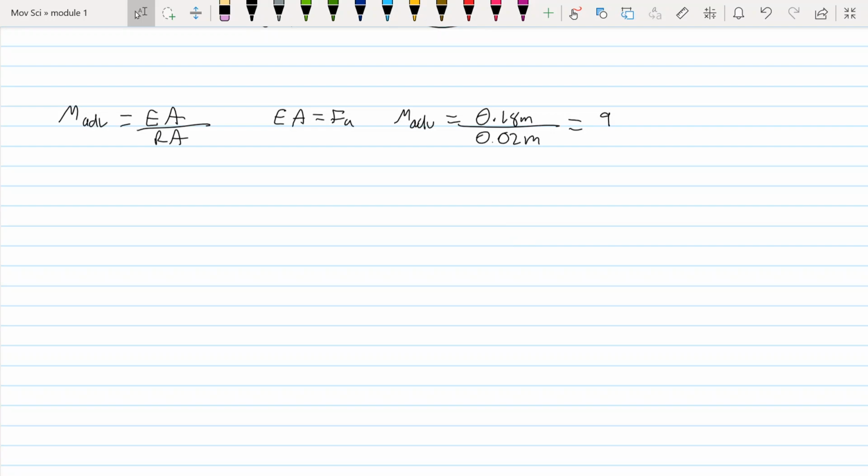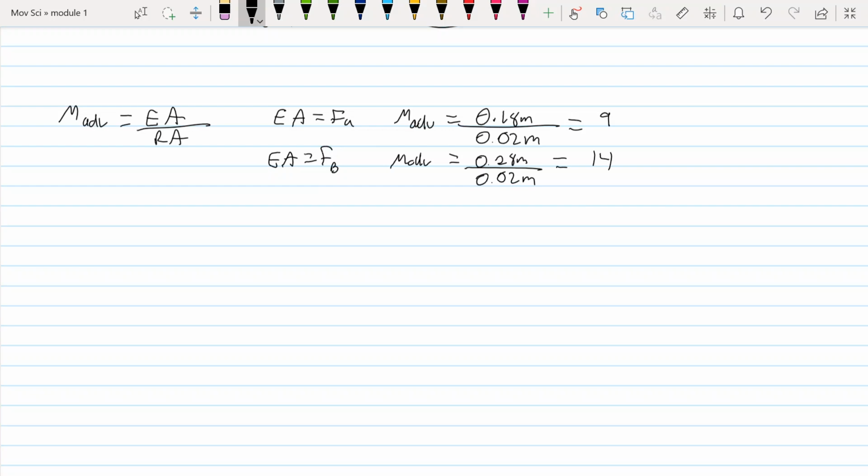Okay. Now then, we've got the effort arm of the force of the ball. So the mechanical advantage equals 0.28 meters over 0.02 meters, which equals 14.